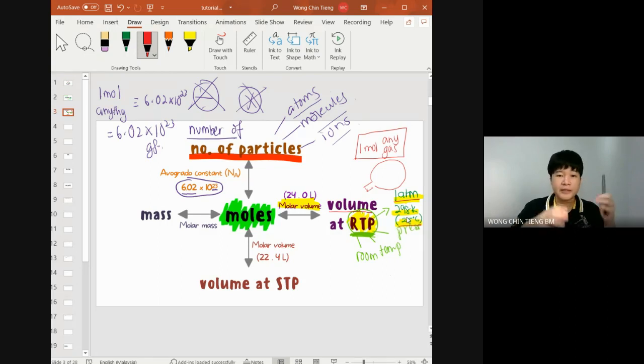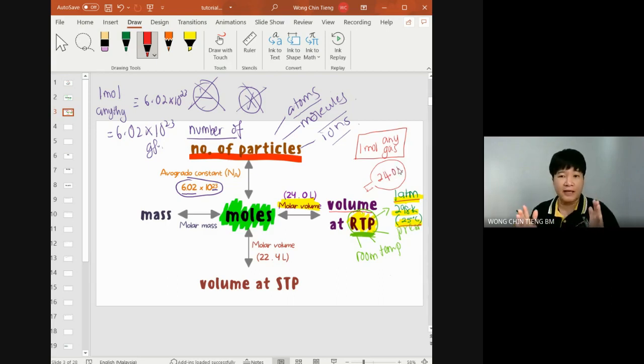I close the room, so the pressure and temperature in the room do not change. In the balloon there is 1 mole of any gas, and the balloon will expand until it takes up a volume of 24 liters.